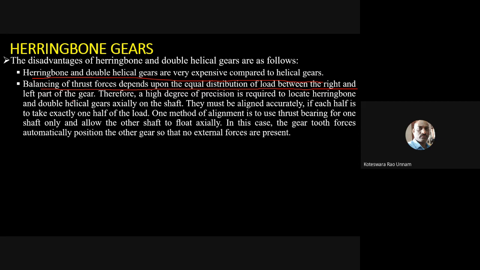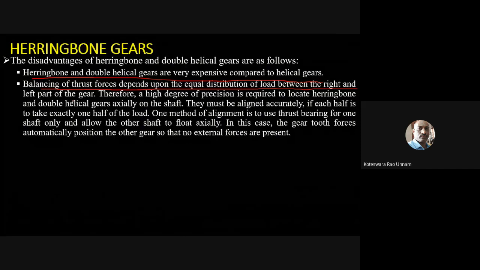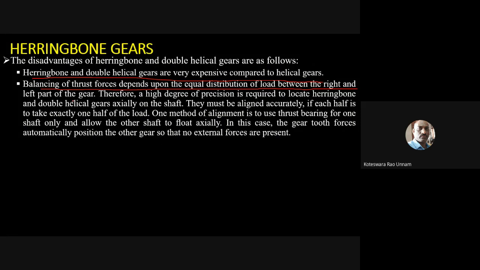When this happens, you must mount those gears precisely. That means both gears must produce the same amount of thrust force in magnitude, with directions opposite. Only then is it possible.